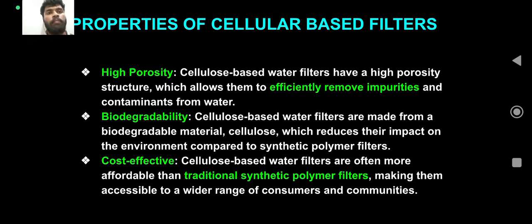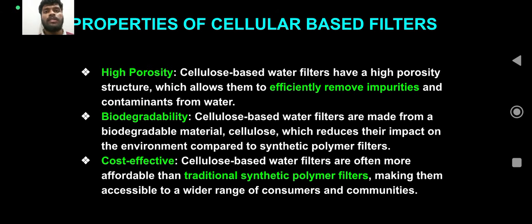It has high porosity. The advantage of high porosity is that it efficiently removes the impurities and contaminants from the water. Next is biodegradable. Since it is biodegradable, it does not harm the environment. That is, cellulose based water filters are made from biodegradable materials, that is, cellulose, which reduces their impact on the environment compared to synthetic polymer filters.